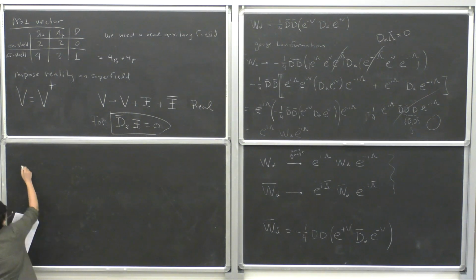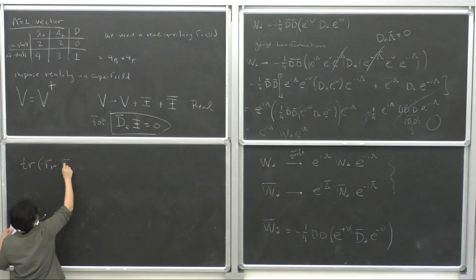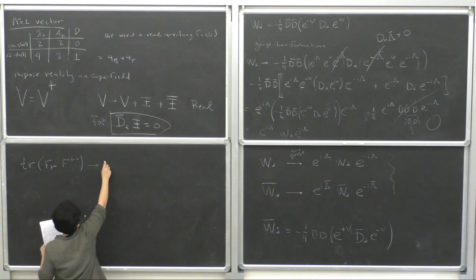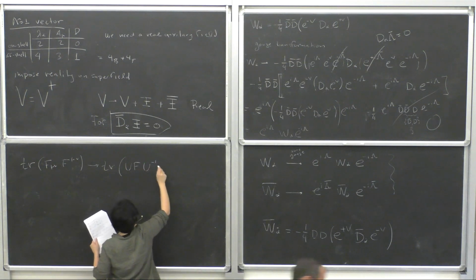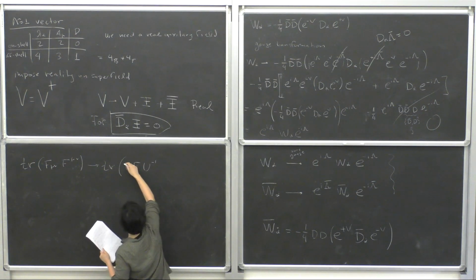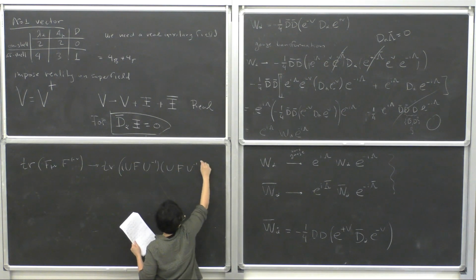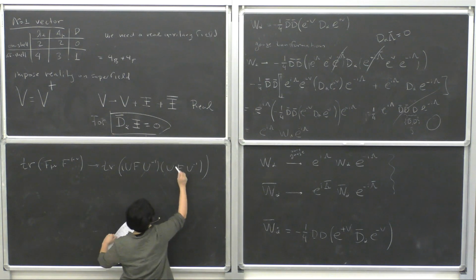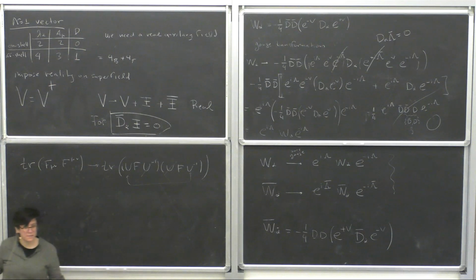But let's do it. So normal quantum field theory: how does this transform under gauge? There is a U, F, U minus 1 from this first guy. This cancels with this, and this cancels with this after you use the trace. Nice. W alpha is the same.